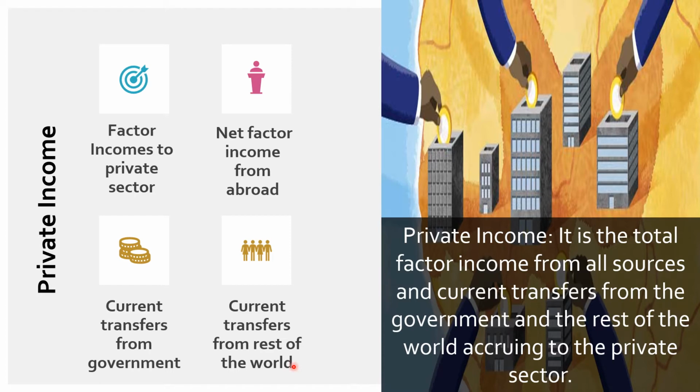Now when we talk about private sector, we don't just mean private individuals, but it also could mean private corporations or business enterprises. So the sum total of all these factor incomes to the private sector, net factor income from abroad, current transfers from government, and current transfers from the rest of the world going to the private sector would give us the figure of private income.